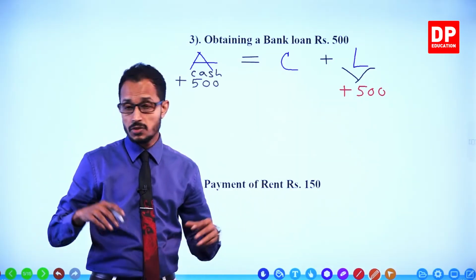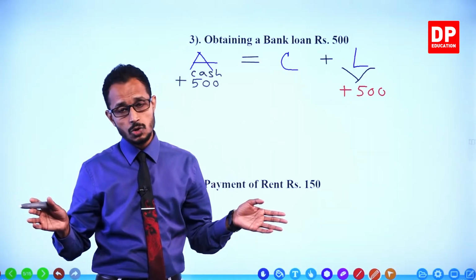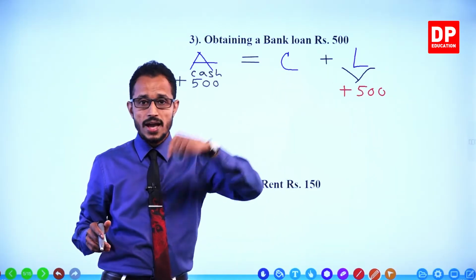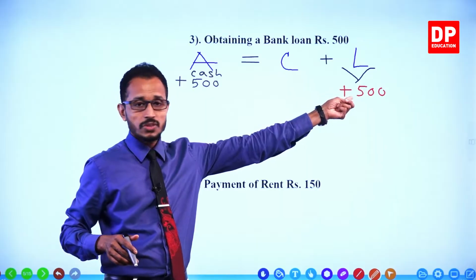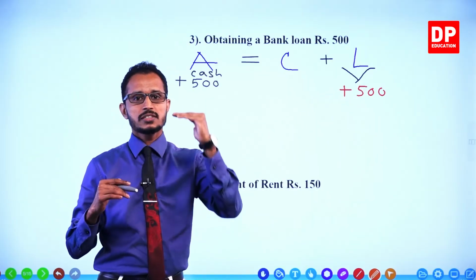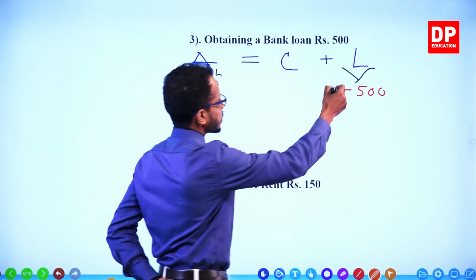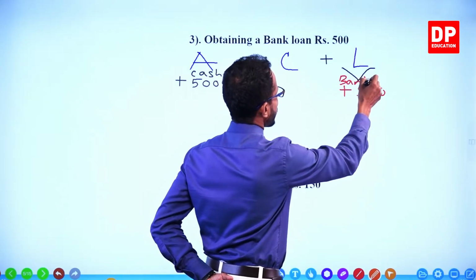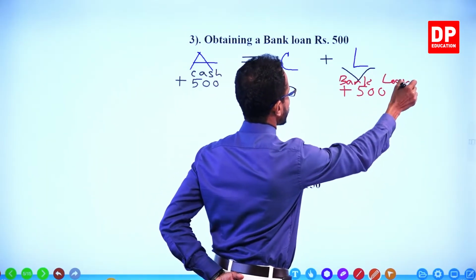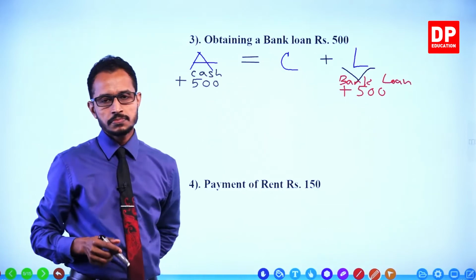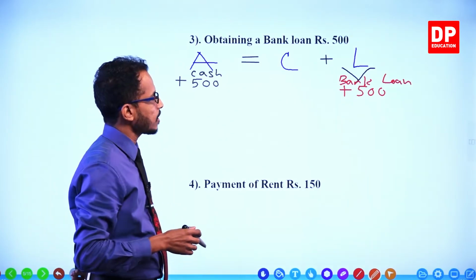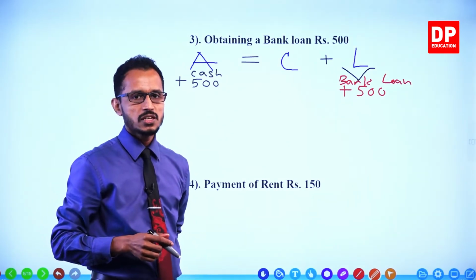We did not have a bank loan earlier, now we have a bank loan. So our liabilities of the business increased by 500. It should be written bank loan plus 500.